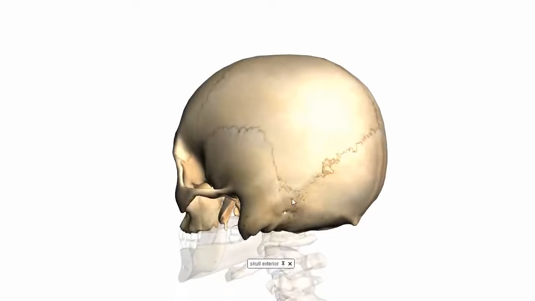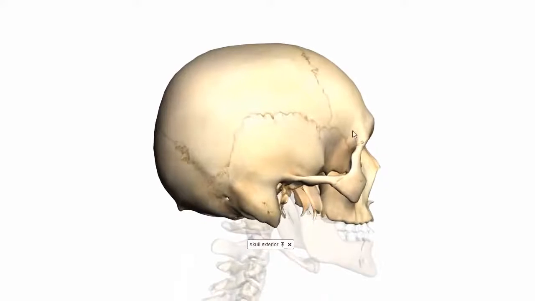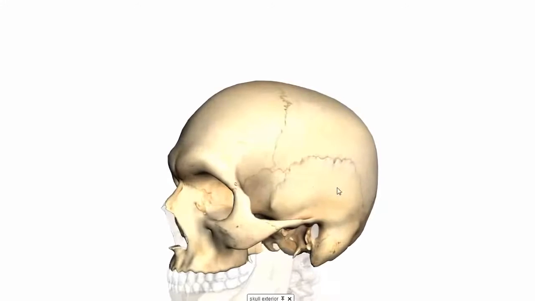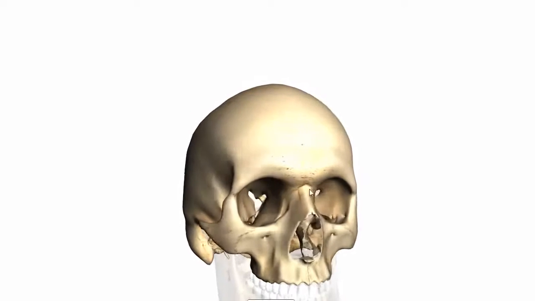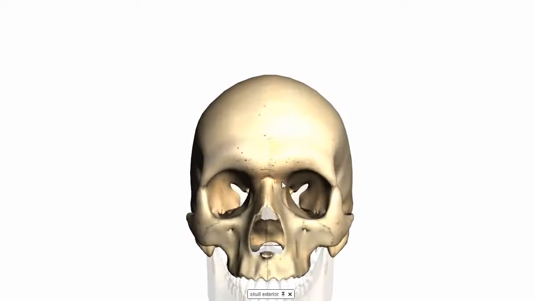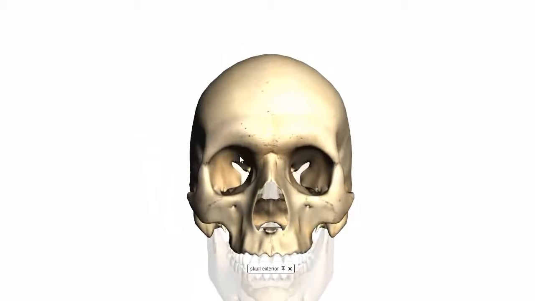This is called asterion. You've got that on the other side. And then where the frontal bone meets the nasal bone here, so these nasal bones meeting the big frontal bone, you've got a point called nasion. So that's the sutures of the skull. Hopefully they're pretty simple, straightforward.